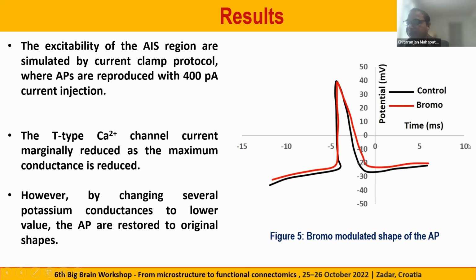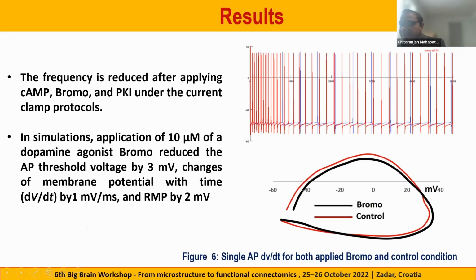Okay. So next, in addition to a single action potential, we have simulated a series of action potentials to investigate the frequency of the firing pattern with respect to the control condition and with respect to bromo, the D2 receptor agonist. Here you can see that because of bromo, the number of action potentials is decreasing.